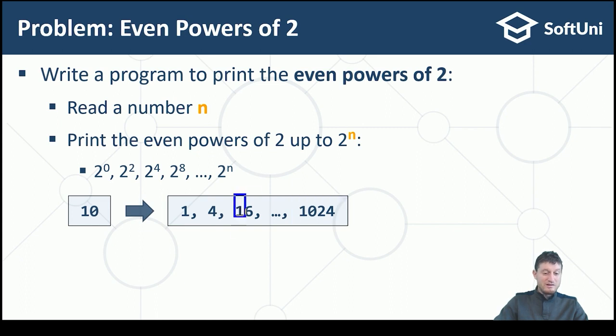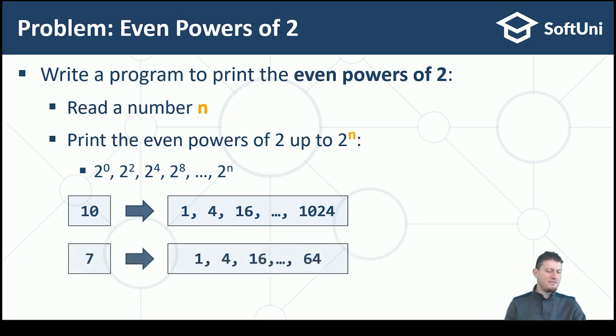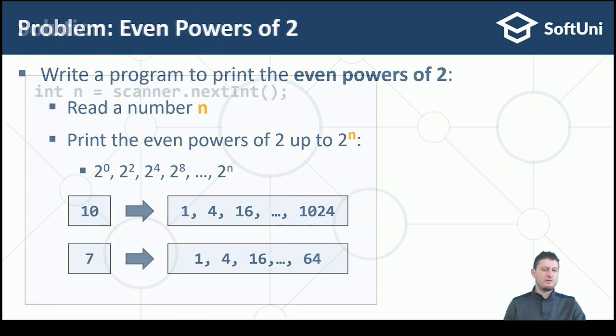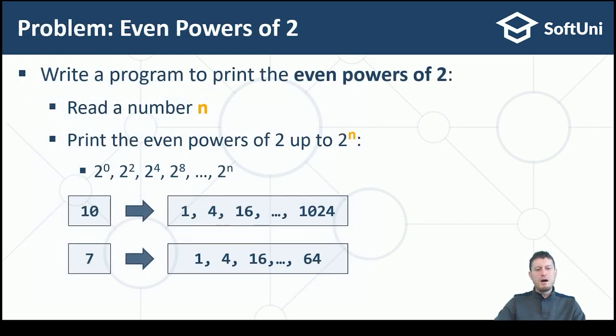This is the formula. And we can organize a traditional for loop, but we'll not have i++, we'll have i *= 4. For example, if we have 7, in this other example, we'll have the numbers from 1 to 64. Okay, even powers of 2.